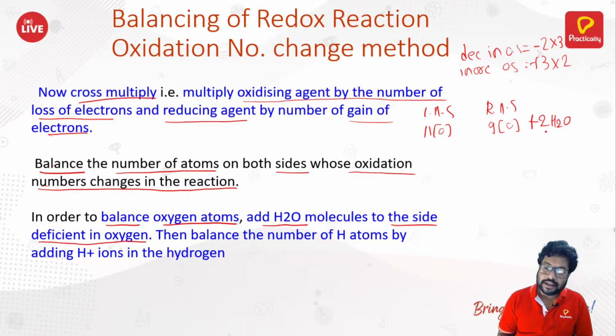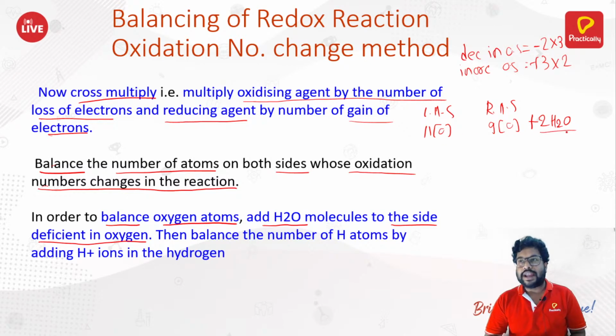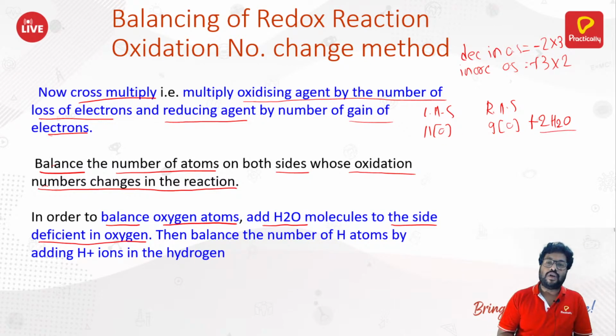You got 11 here. Now the question might arise in your head: sir, why are we adding 2 H2O? That means to balance the oxygen atoms we are adding H2O, fine. But why only H2O? Why not any other molecule? It's because you are performing a redox reaction. Redox reactions are what? They are ionic reactions.